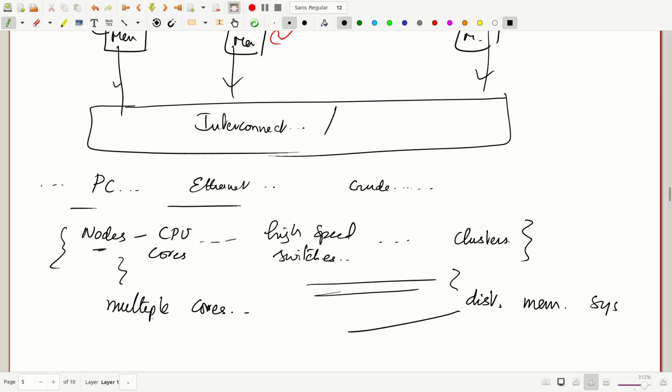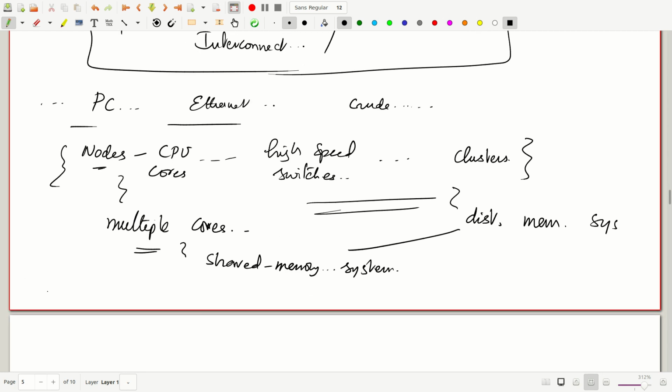However, within each node there will be multiple cores, so each of the independent units would stand as a standalone shared memory system. That means we have both these technologies in here. That's why most clusters are called hybrid systems, because they make use of both distributed memory as well as shared memory in one go.